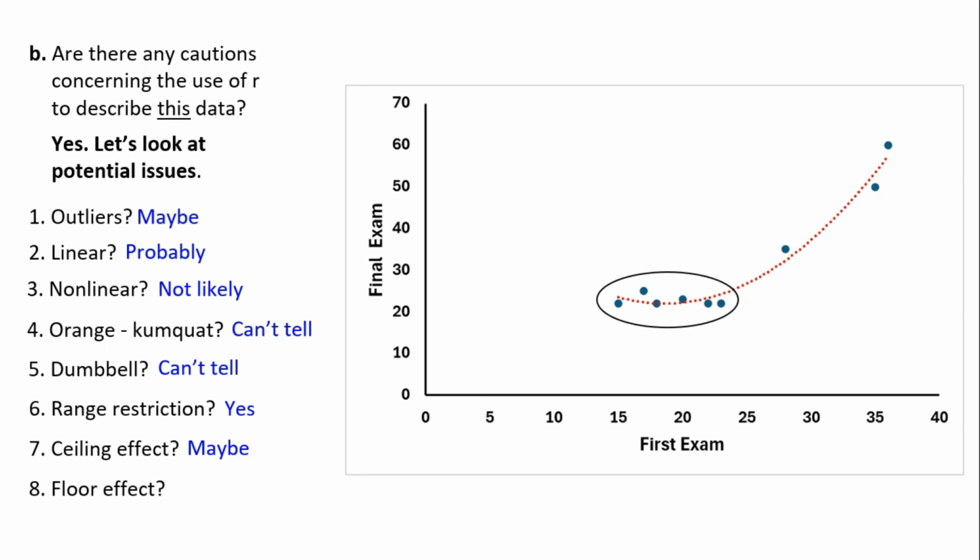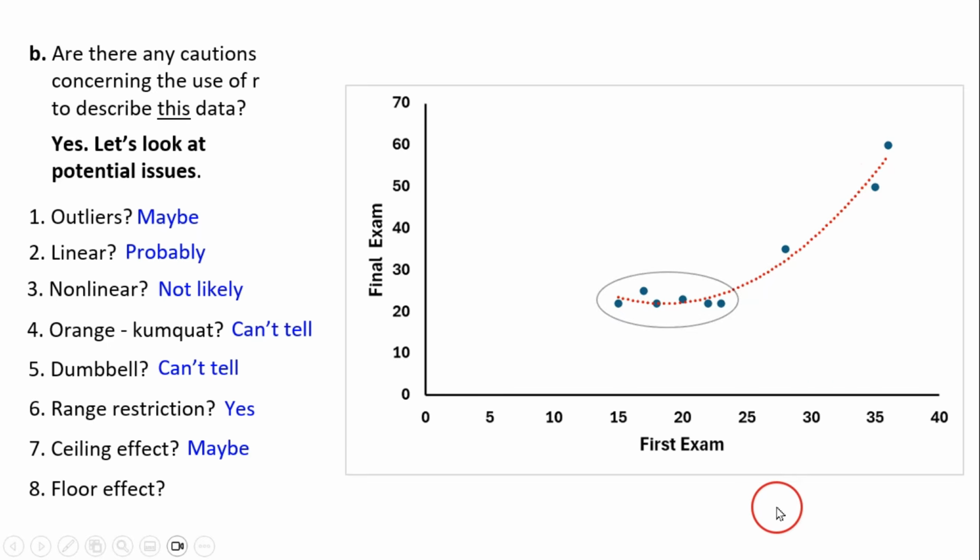And so this could be a case where the test is maybe a little bit too difficult for people. You've got too many people clustered down below here at the bottom part of the scatter plot. Whether or not our data would look like this, I doubt that's the case. And the reason why is because our original data is more clustered over here in the upper right-hand corner of the scatter plot.